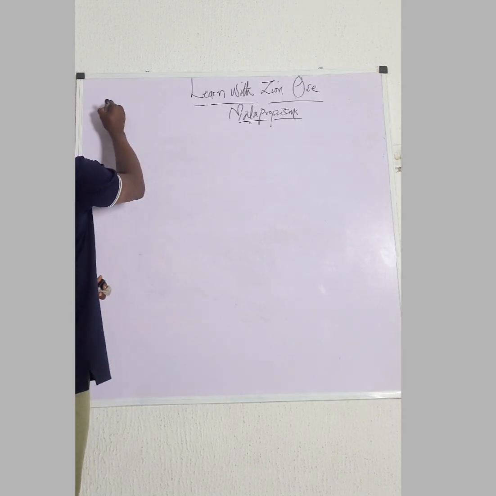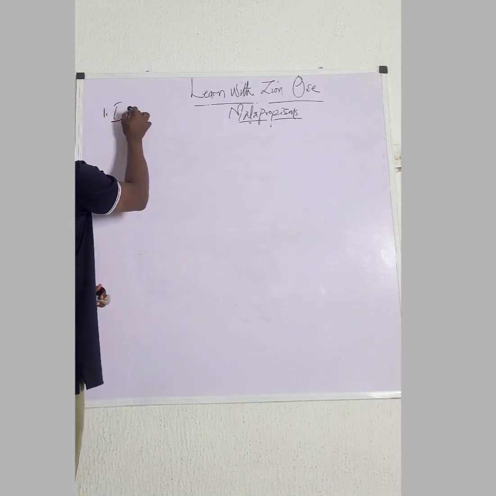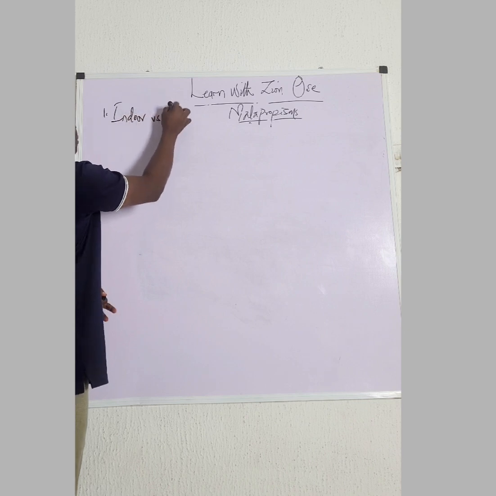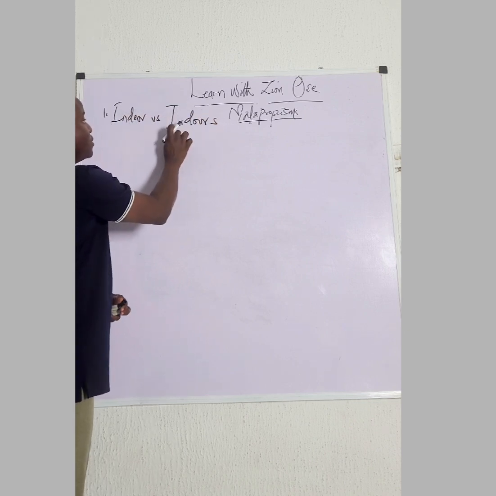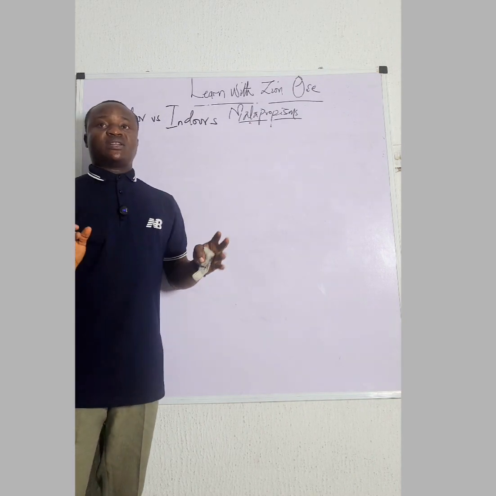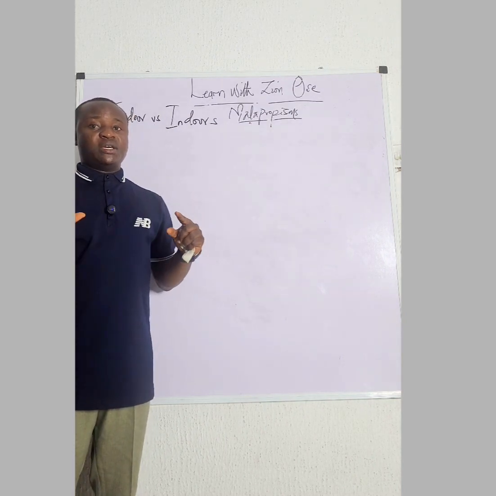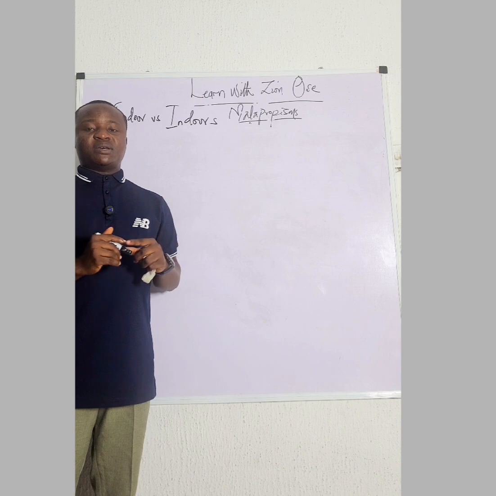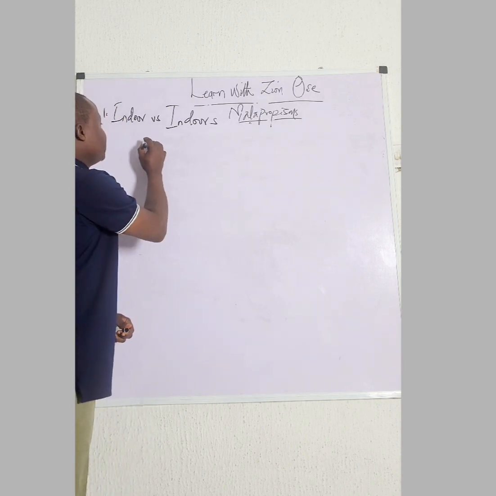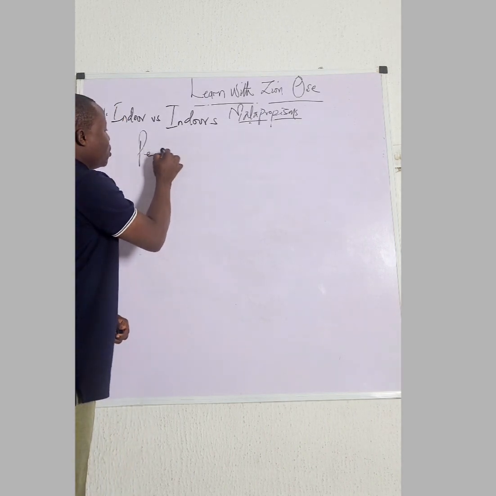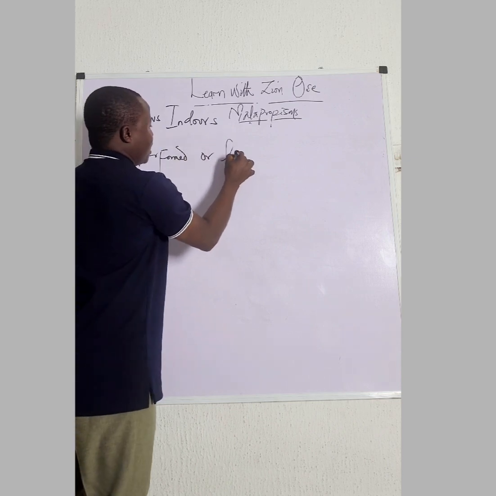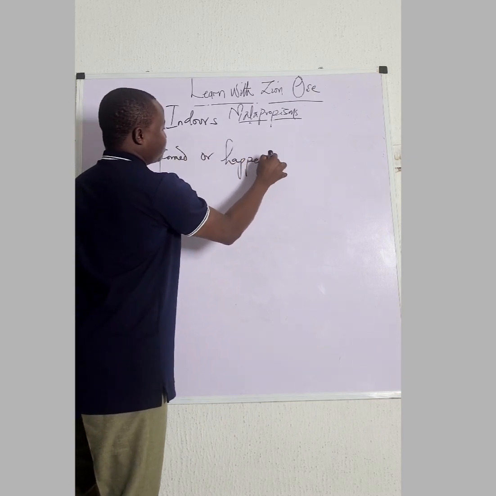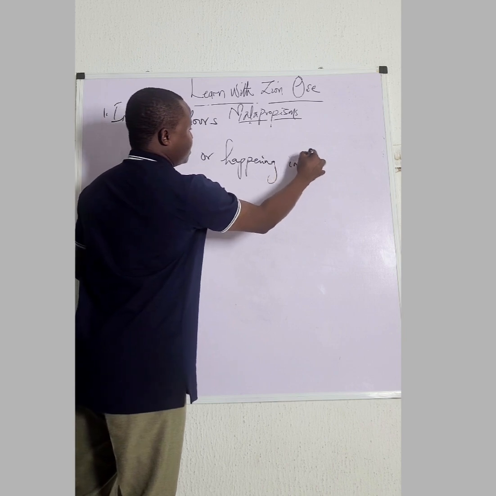Number one, indoor versus indoors. Now, there is something interesting about this first set. It is the fact that both words literally mean the same thing, and they both mean performed or happening inside.